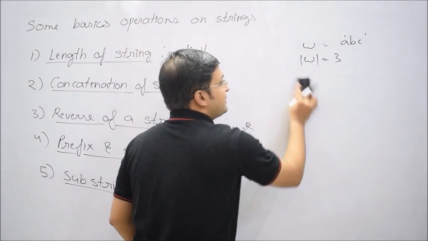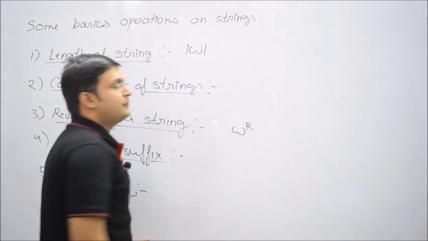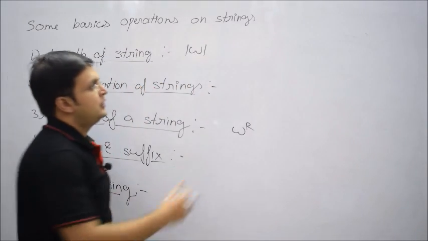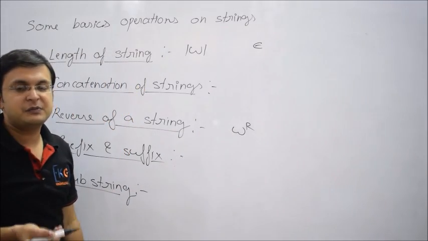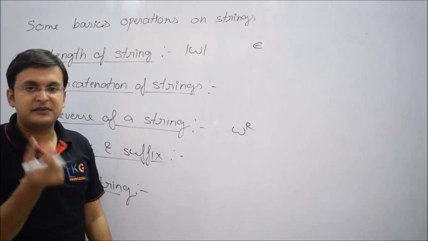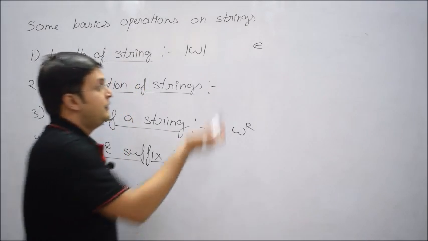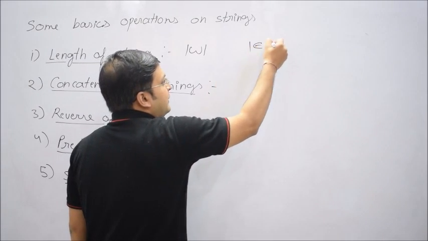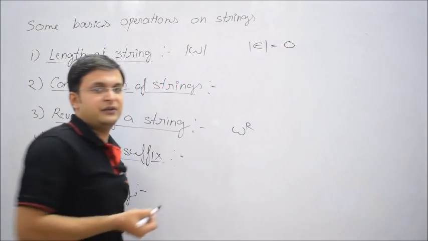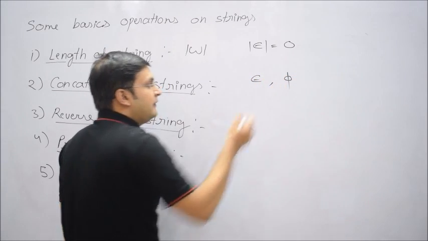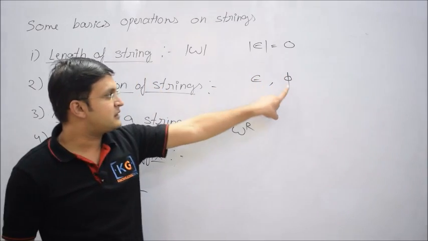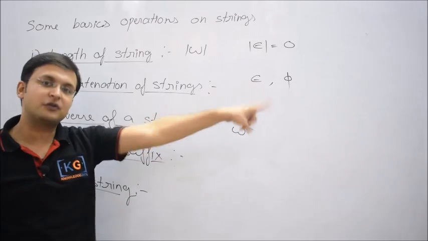The smallest string possible. Now you must be wondering whether its length is 1 or 0. So we say epsilon. Epsilon is a special notation which is considered as a string of length 0. So if somebody asks what is the length of epsilon, actually it is 0. Please don't confuse epsilon and phi. Phi is a set, it belongs to set theory.